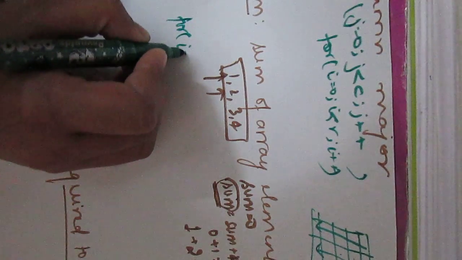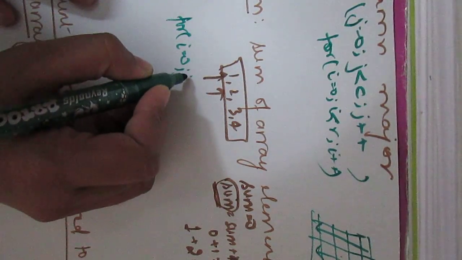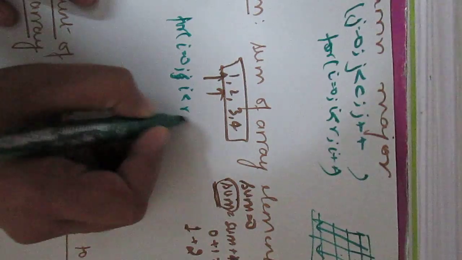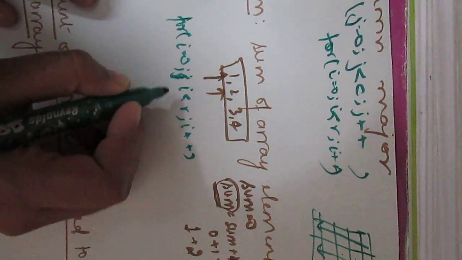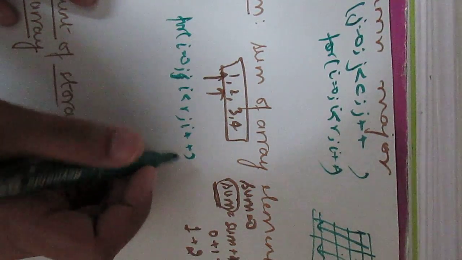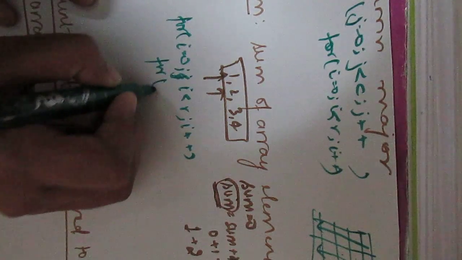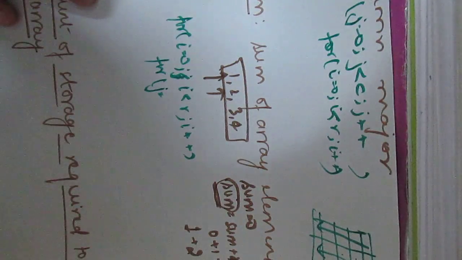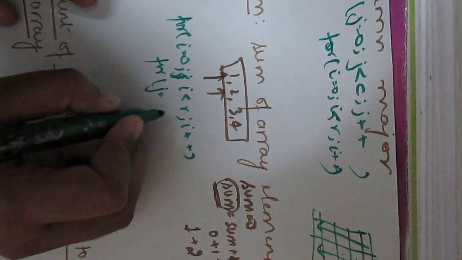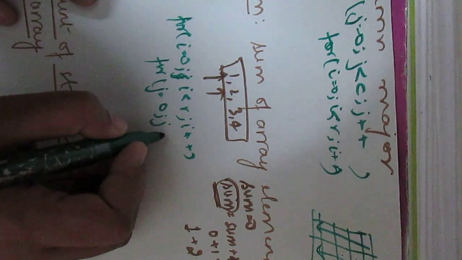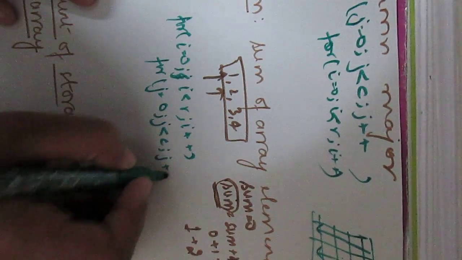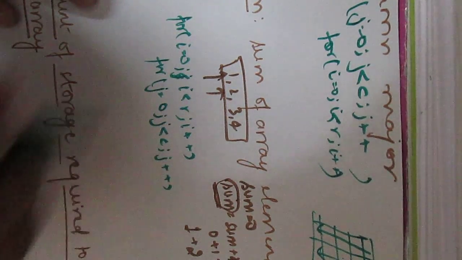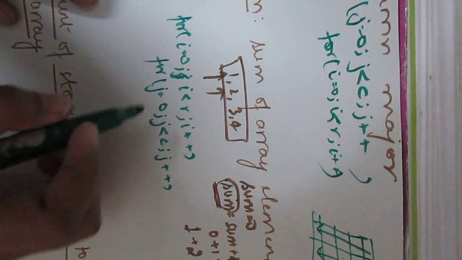For I equals 0, I is less than r, I plus plus. As soon as I write I is less than r, you have to think that we are actually traversing the array row wise, because for every row, every column is accessed. Okay.